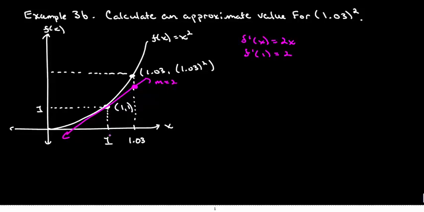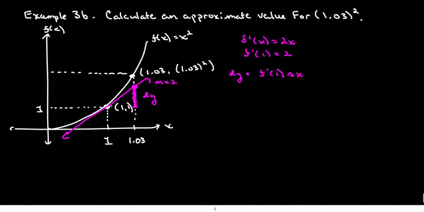The distance, this length right here, which I'm calling dy, is going to be equal to f prime at 1 times the distance over.